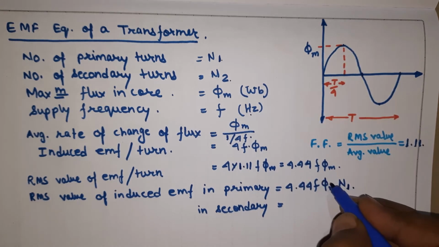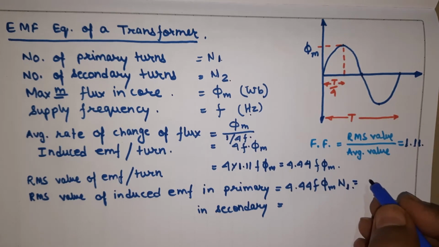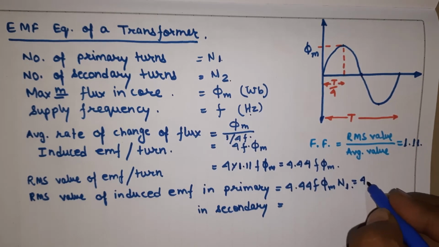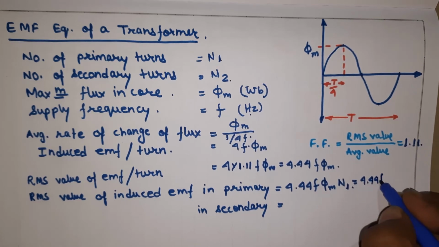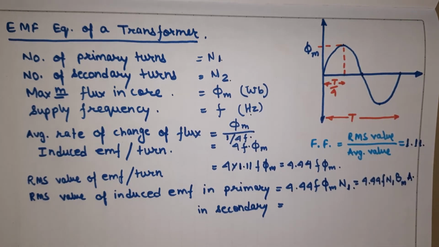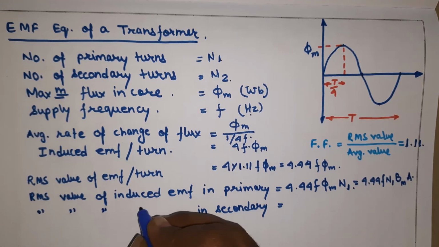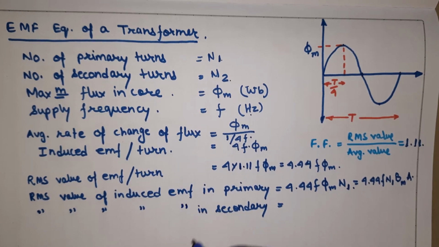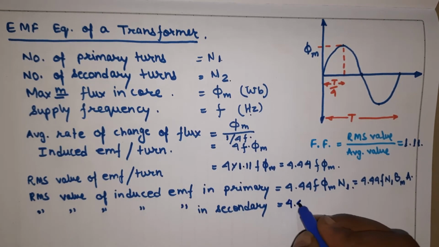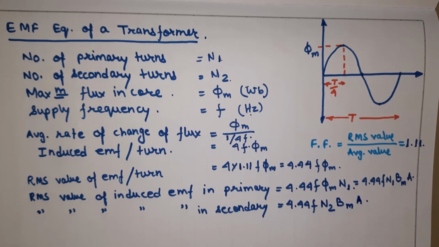Now this Φm can be written as Bm into A, the area of the core, that is 4.44 f N1 Bm into A. Similarly, the RMS value of induced EMF in the secondary can be written as 4.44 f N2 Bm into A.